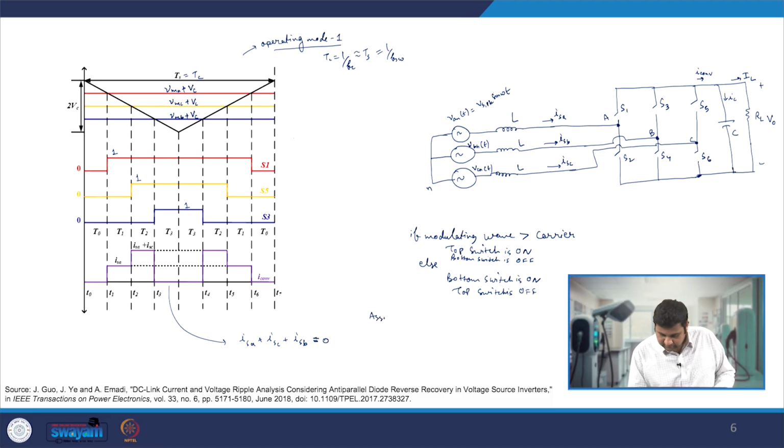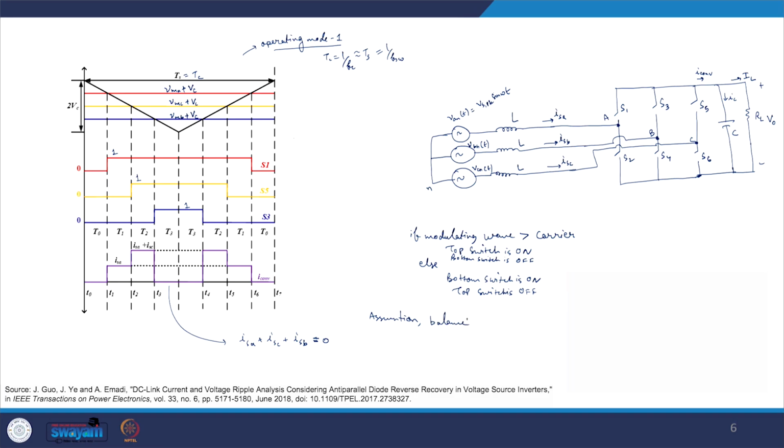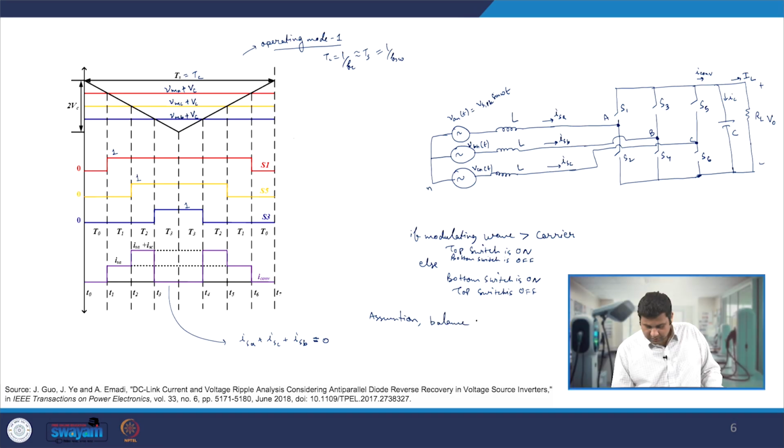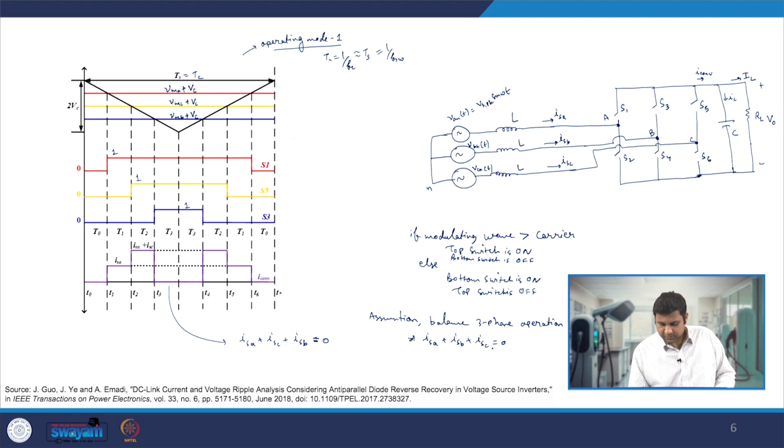Assumption: we assume that balanced three-phase operation is happening. If balanced three-phase operation is happening, that's when we can say that ISA plus ISB plus ISC is equal to 0.